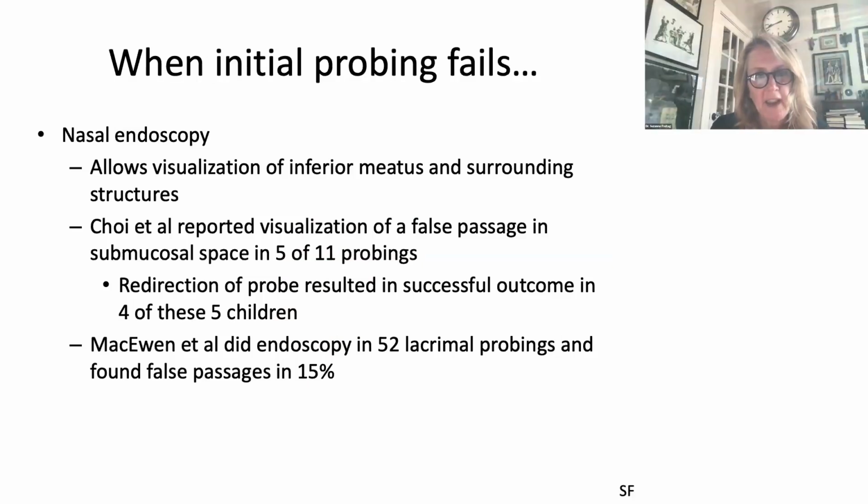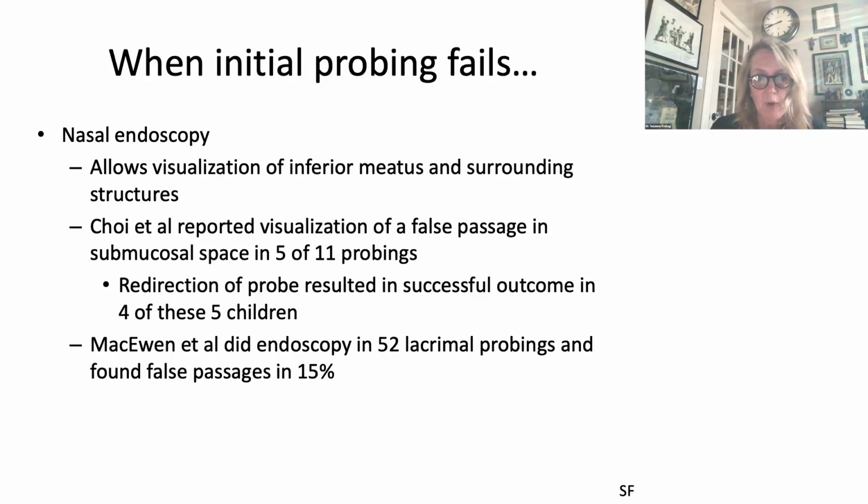We've already talked about nasal endoscopy and how important this is. It allows for the visualization of the inferior meatus and surrounding structures. There's some interesting data that's been published on false passages, and these can be quite common even in experienced hands. So Choi reported visualization of a false passage into the submucosal space in 5 out of 11 probings.